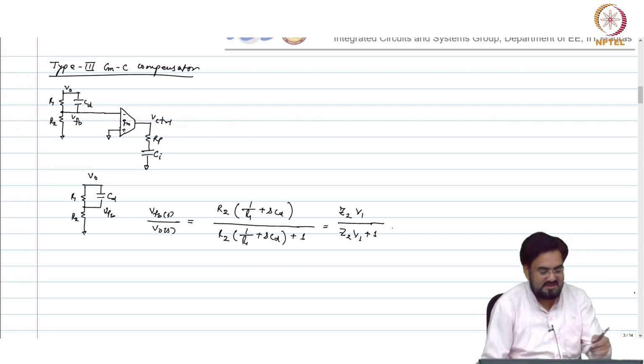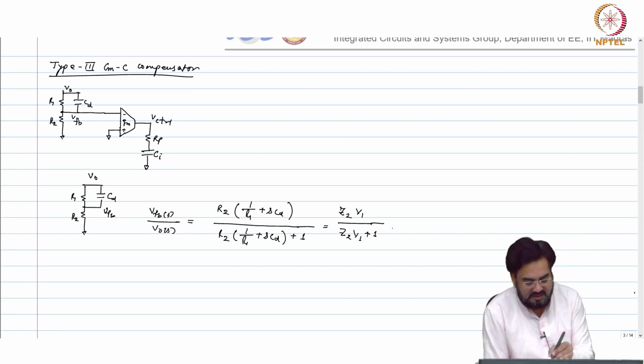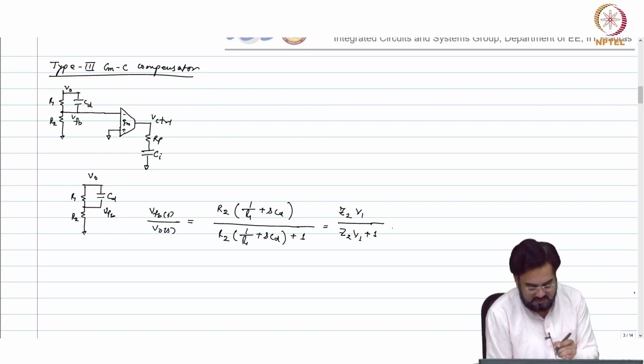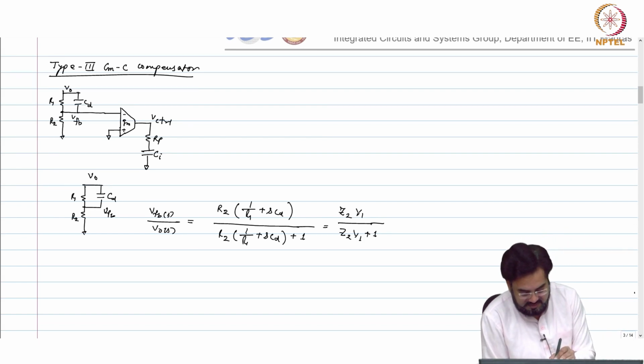Since this is parallel, that's why I converted Z1 to Y1, so that you can simply add the two terms, the conductance.